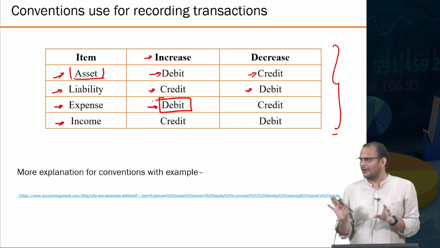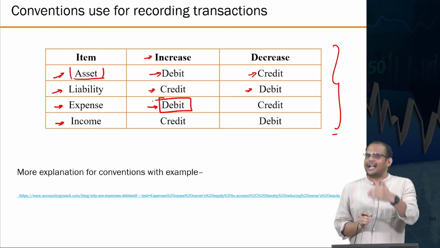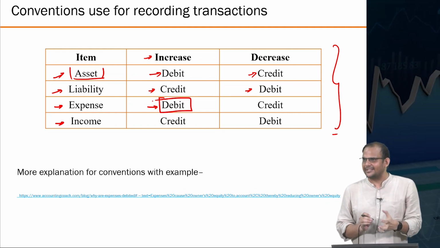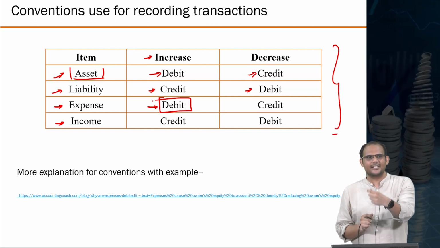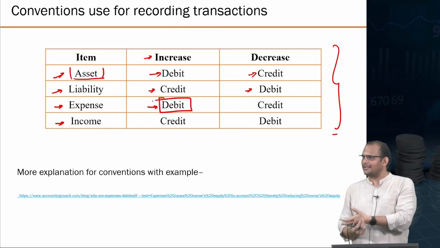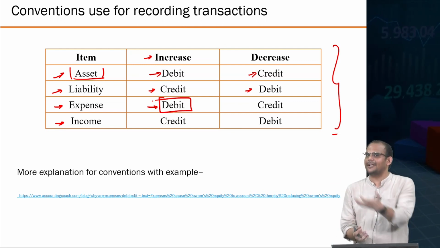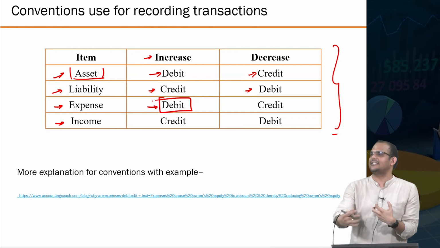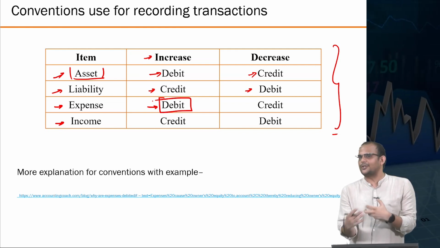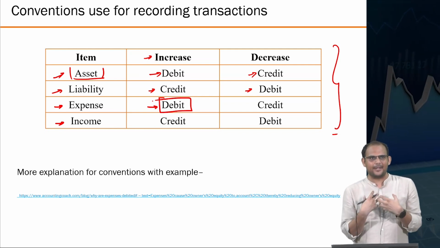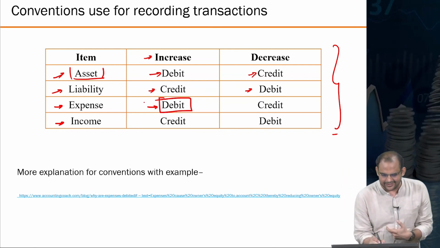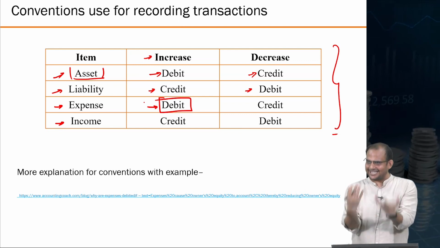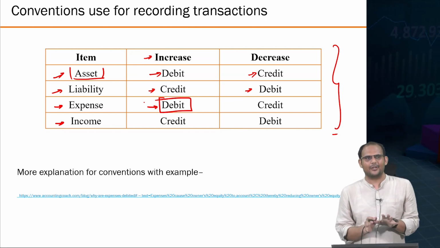It happens in a lot of startups. In that case, what happens to the company? Every sale that a company makes, whatever losses you made, somebody has to pay them immediately. So as a company, you are getting more money from founders each time you make a loss. So your increase in expense is more money from the founders, right? So therefore, for the company, it's a resource increase, and therefore it is shown on the debit side.